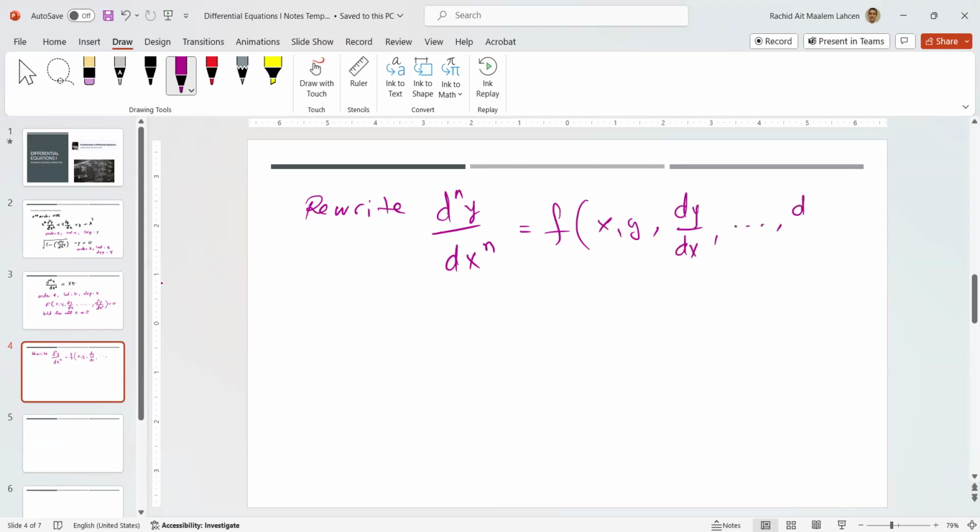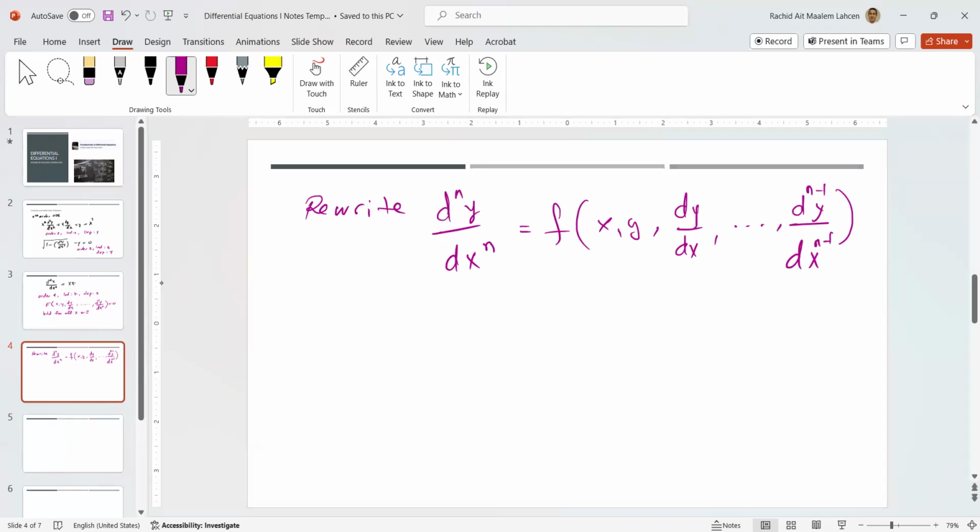If this is the highest n, then what do you think comes next? It's going to be n minus 1. This is often the best or preferred form for computational purposes, especially in applications.